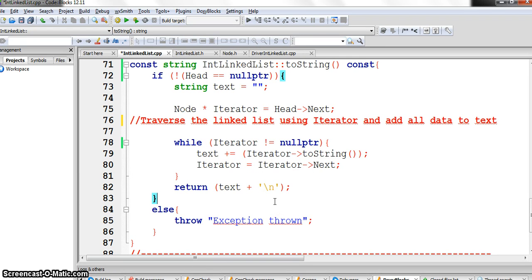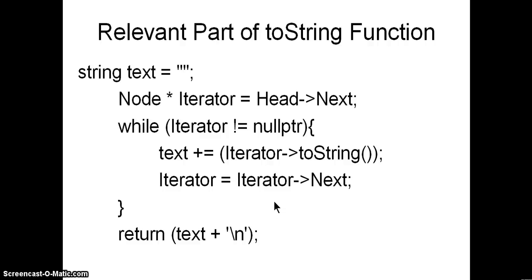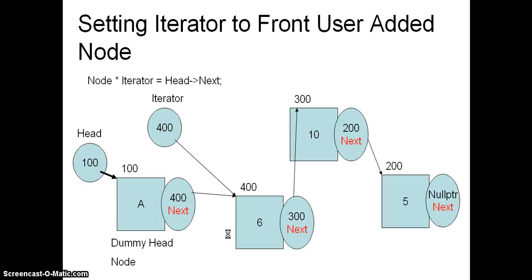Okay, all right, so relevant portion of the toString function is this, that we define a buffer in the form of a string called text, which stores a zero length string, and then we point the pointer iterator to point to the same place where next field of the very first node is pointing to, and then we do the loop. And finally, once the list is traversed, we return the buffer called text, adding to it end of the line character. Okay, so this is our linked list.